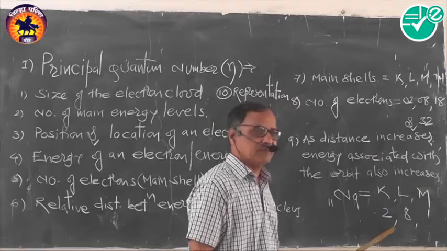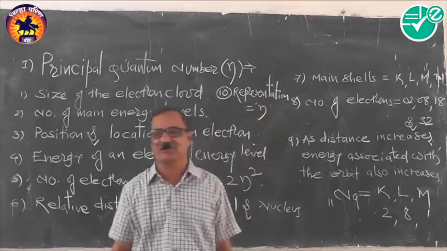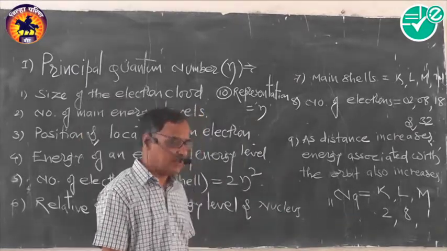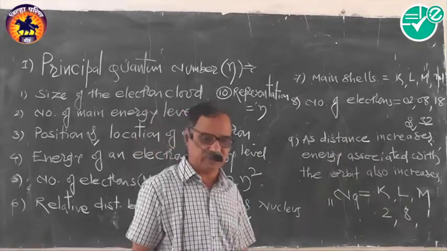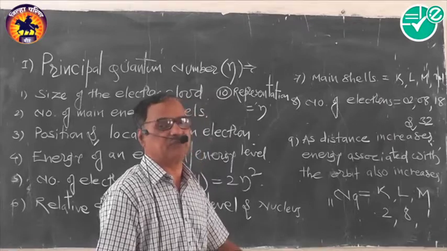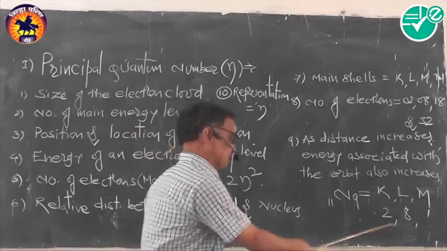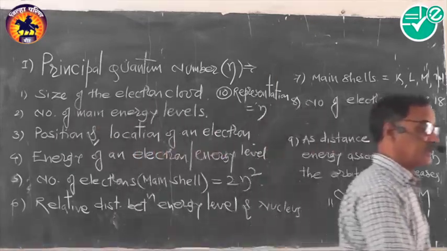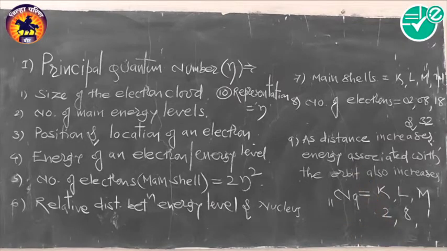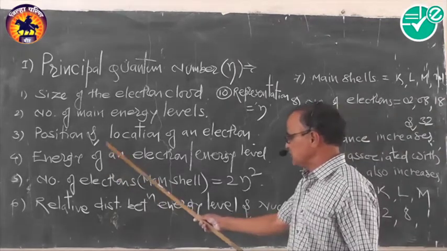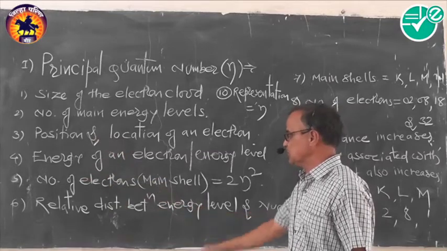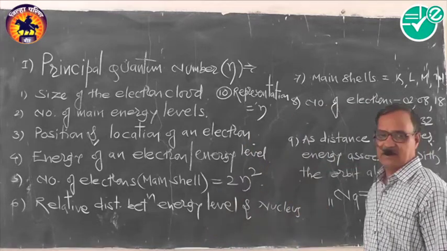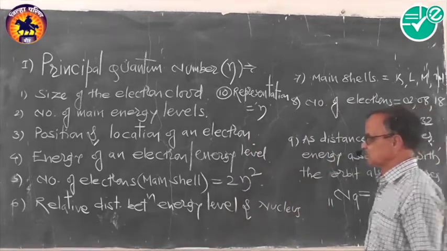As we move away from the nucleus, or the distance between the nucleus and the outermost electron increases, the energy of the main energy level definitely increases. Hence, the principal quantum number gives the energy of an electron and of the main energy level to which the electron belongs. This is the fourth point.